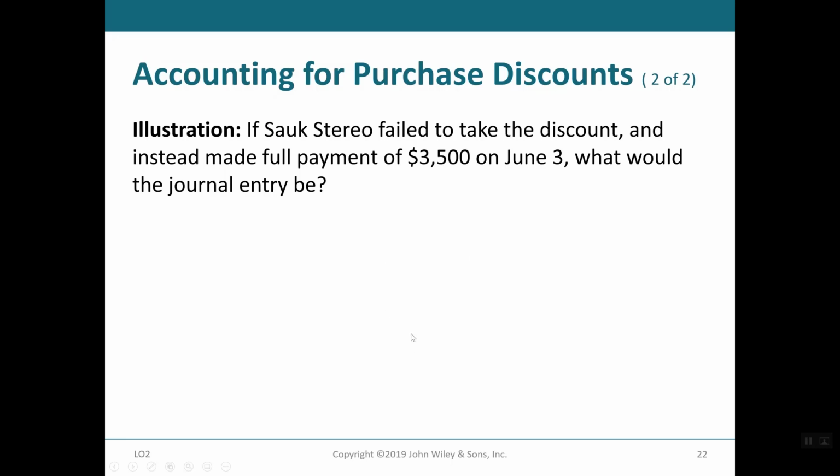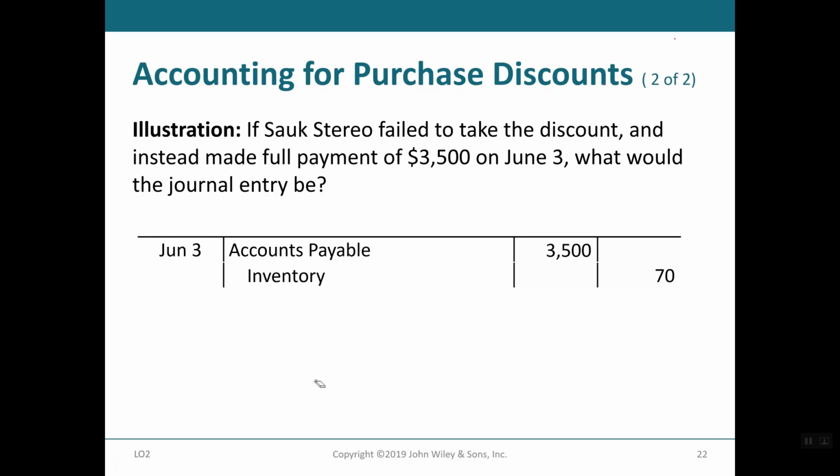Question 2: if Sook failed to take the discount and instead paid the full amount of 3,500 on June 3rd, what will the journal entry be? I see an error over here, so I'm just going to do what is right.